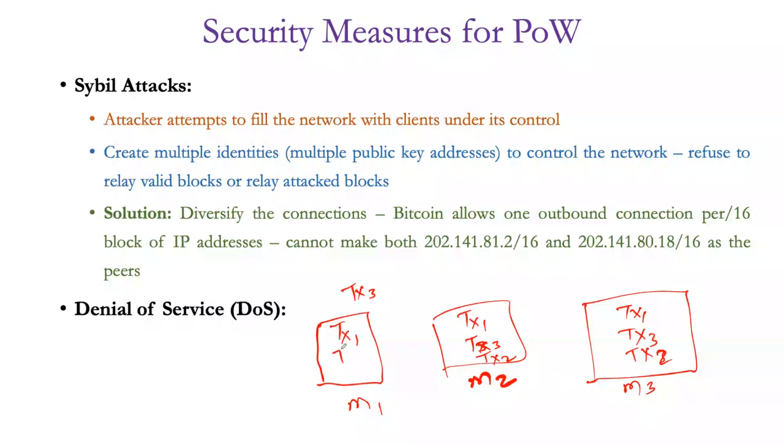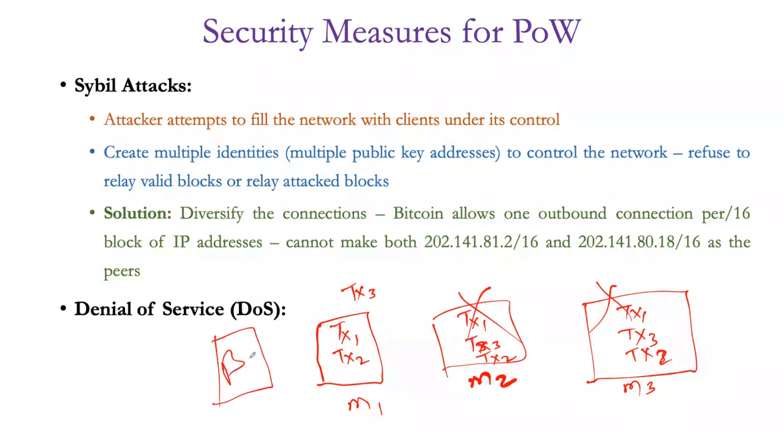Now, when these blocks go for validation or confirmation, suppose miner 1 is randomly selected for adding its block into the chain. What happens? These two blocks are ignored, and miner 1's block will be added to the existing blockchain.